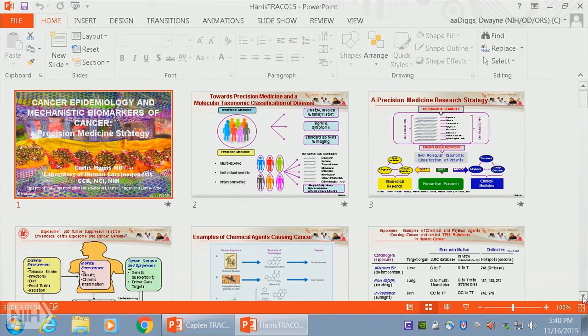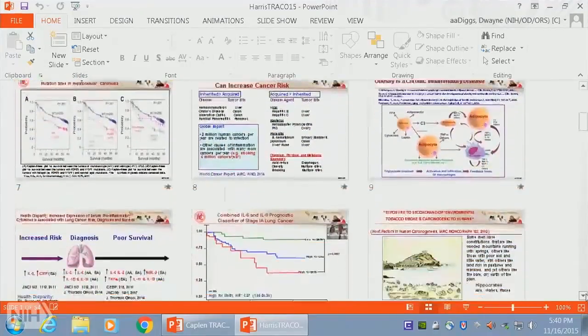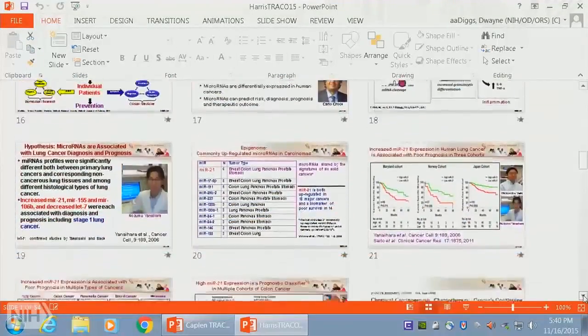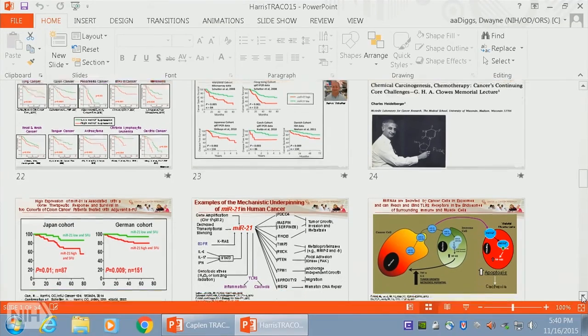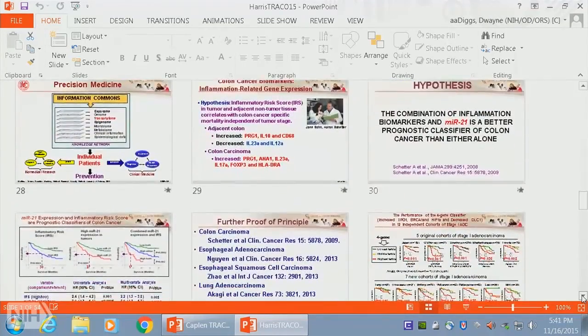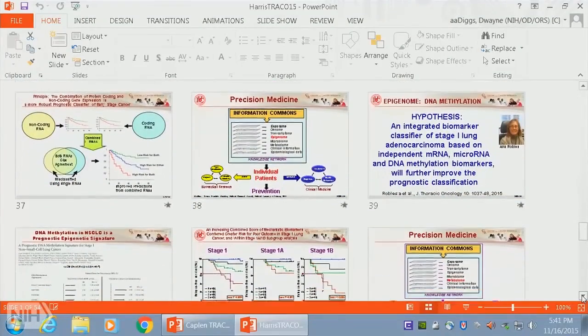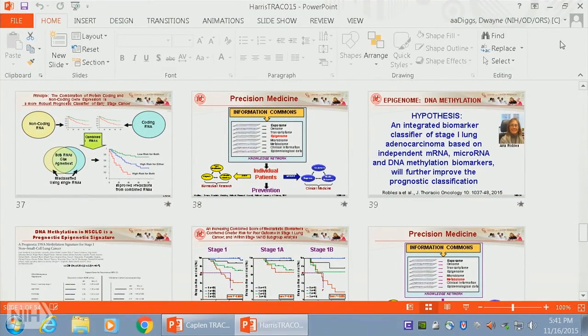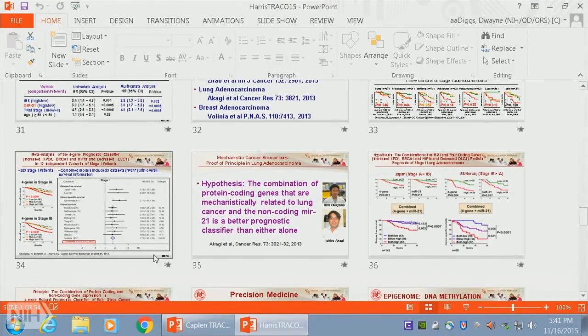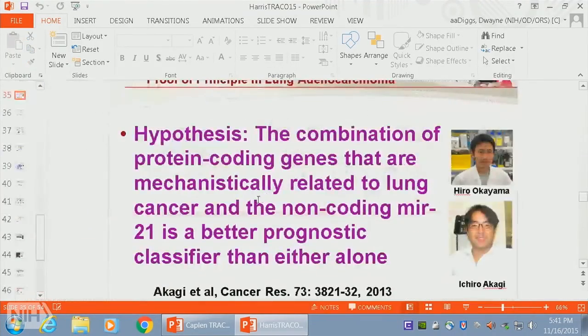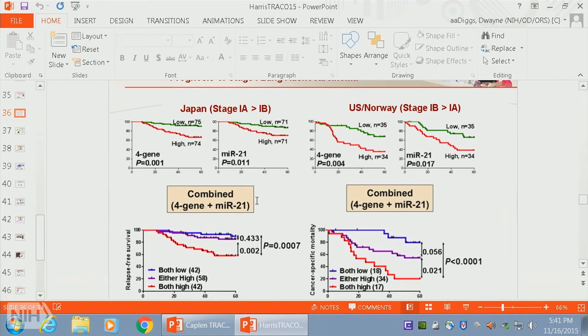All right. So this is a lung cancer study.